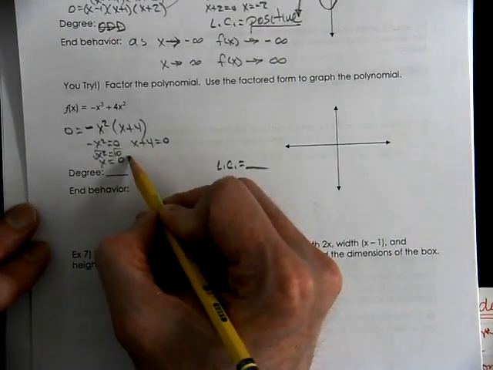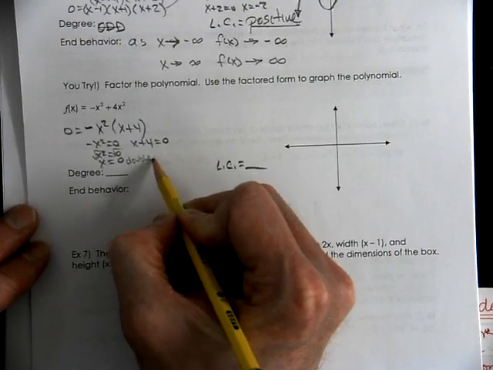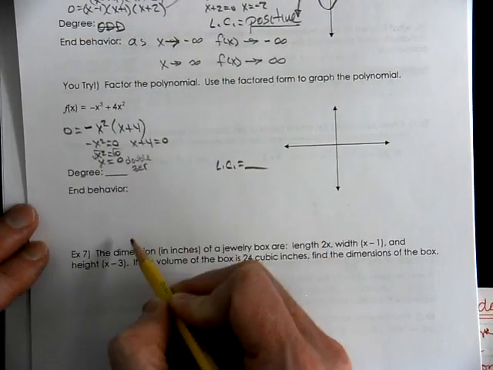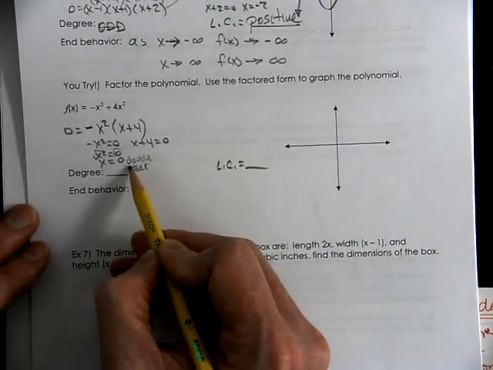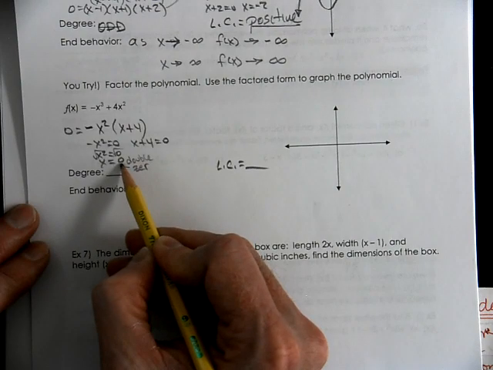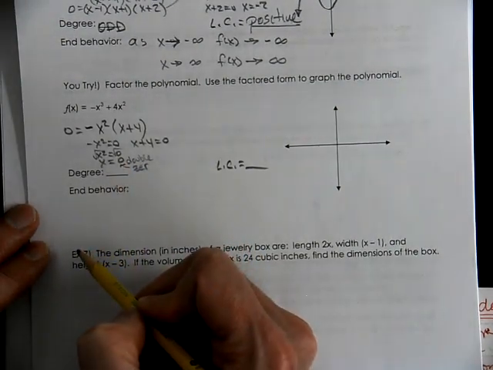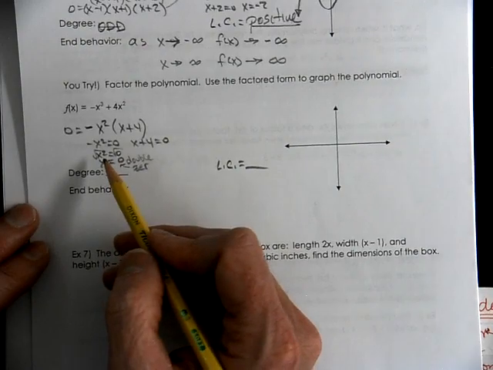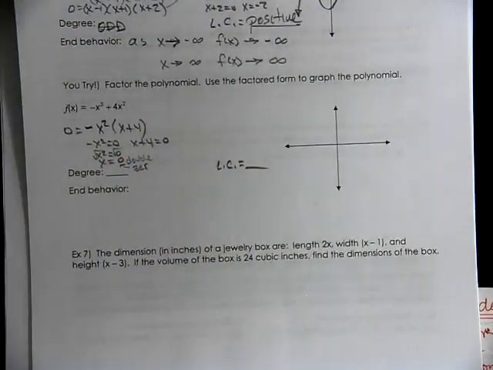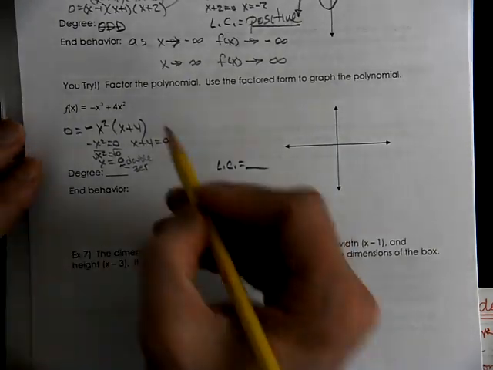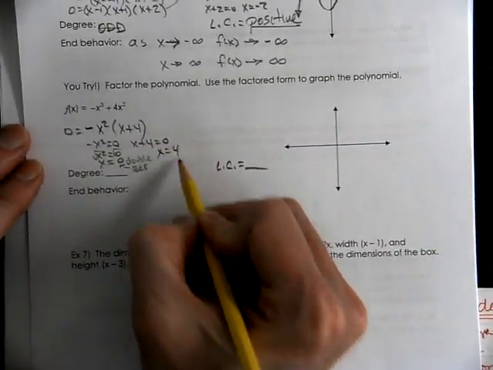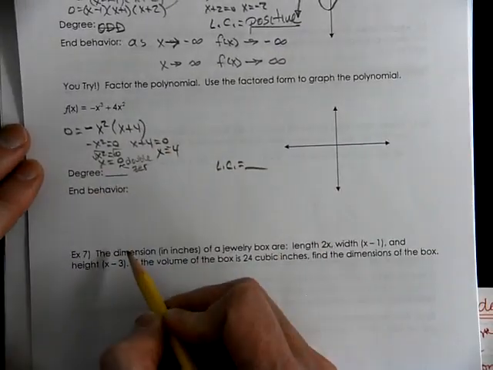You could consider this a double 0. Okay, it's a double 0 because you have x squared. It's x times x makes 0. Either one of those is 0. But over here, x is going to be 4. Actually, negative 4.